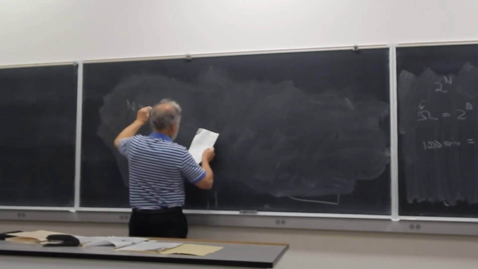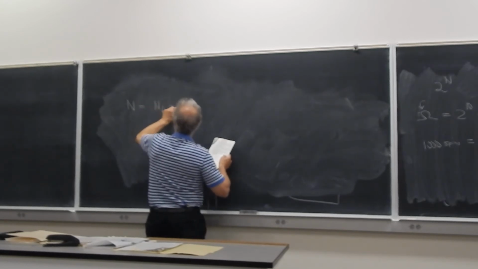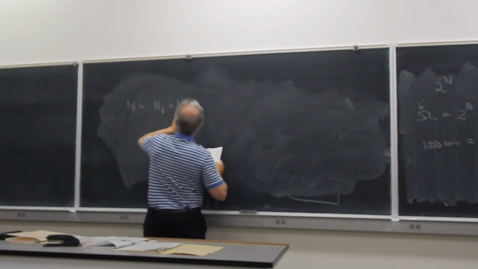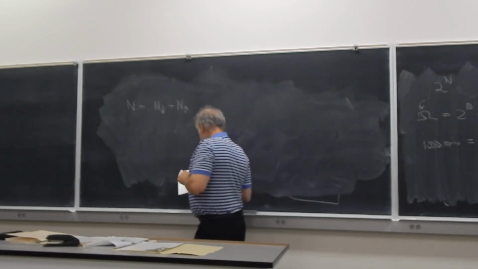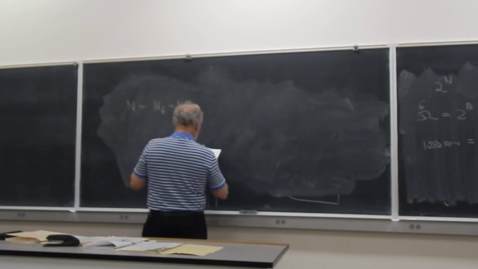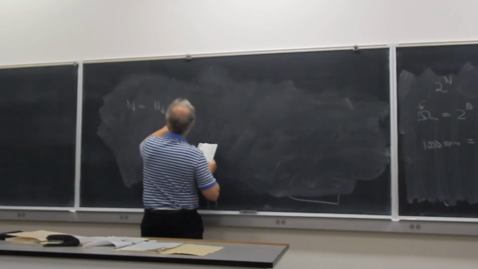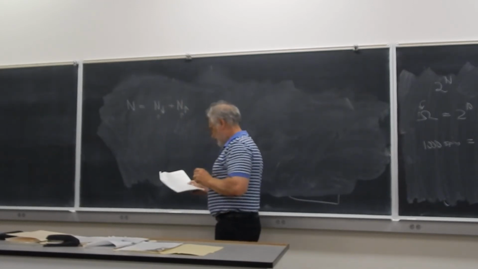Let's define N as the total number of spin-down particles plus the total number of spin-up particles. The system has one macro state for each value of N up. It has one macro state for each value of N down.